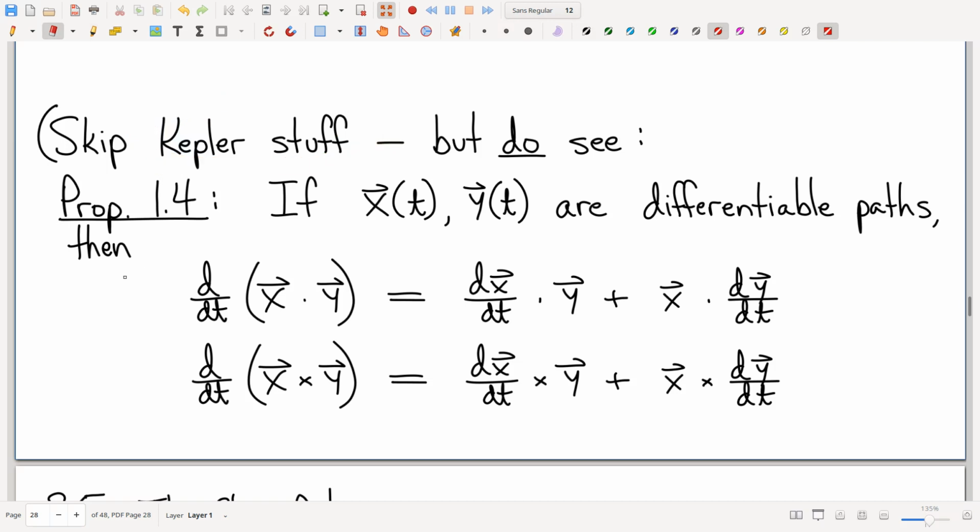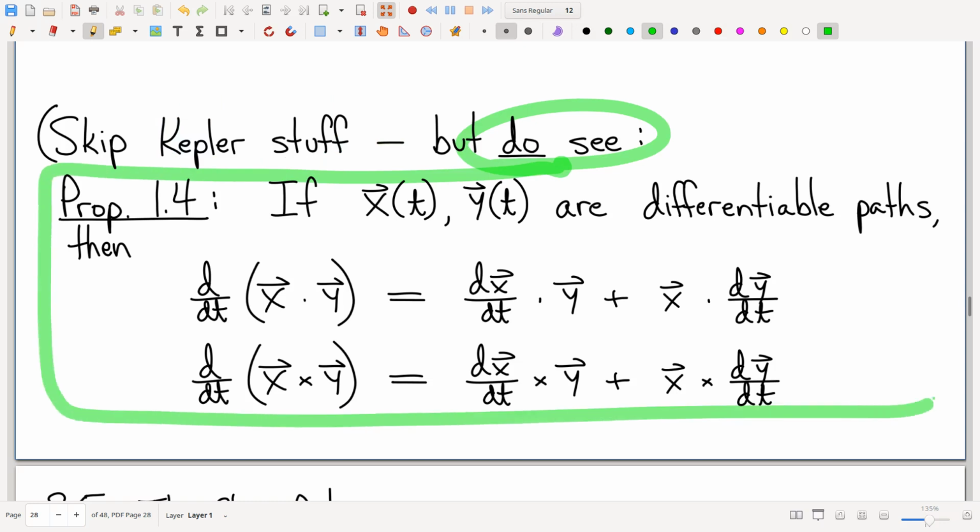That said, there is one thing that you are responsible for, and that is this one theorem in there. It's no surprise. It's exactly what you would hope, but we do need to use this here and there, so it needs to be established. Notice that this is just about various products, dot product and cross product.